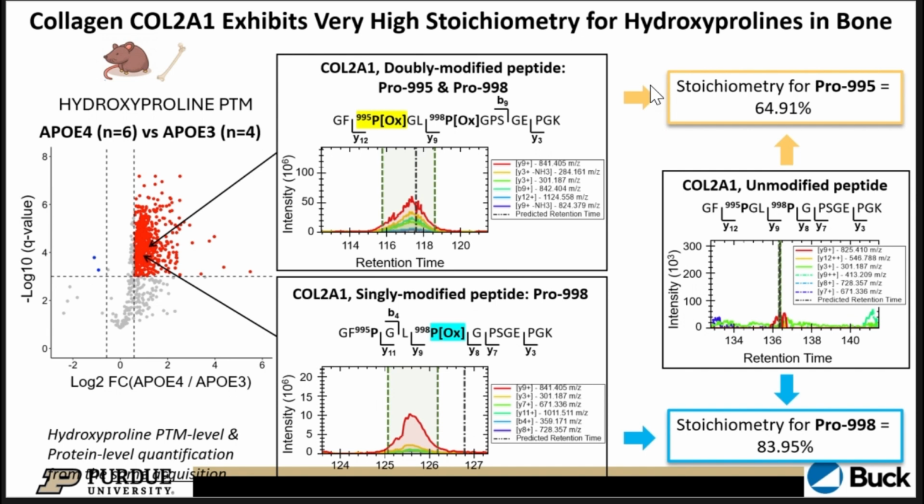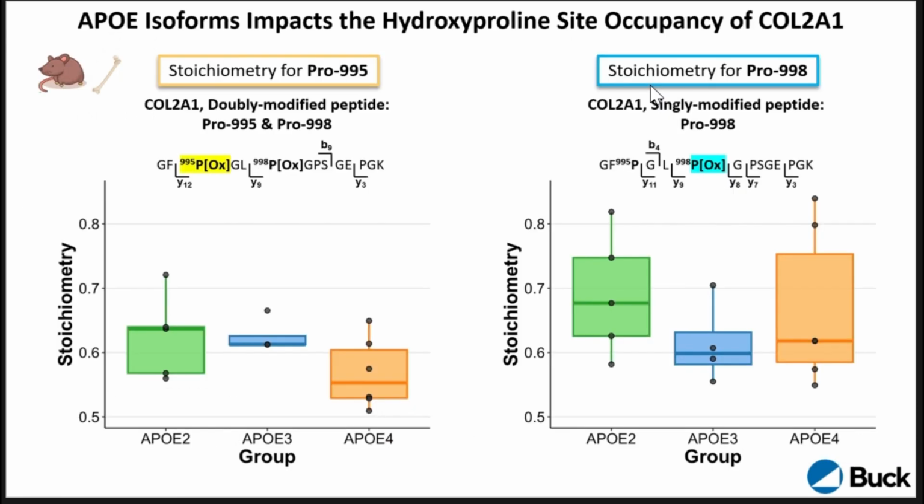I mean, they're all there, and SpectroNaut can extract them out for us. Just one very brief showing you here, we can actually see that in the E3, the modification stoichiometry is around 60%, and it's quite much higher in the E4 that has the higher risk factor for Alzheimer's, and even in the E2, it's higher.